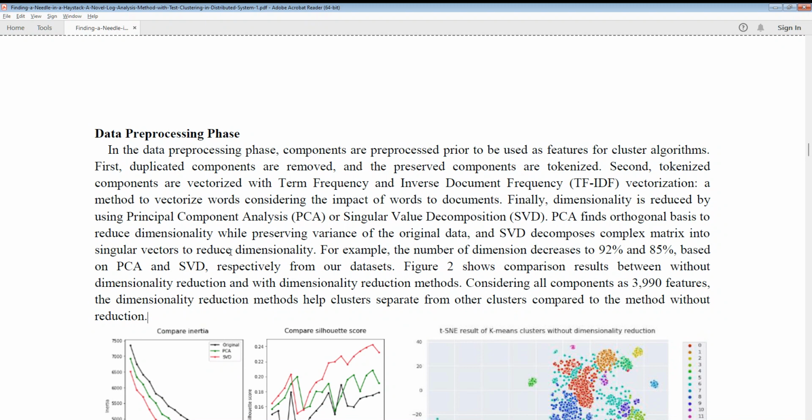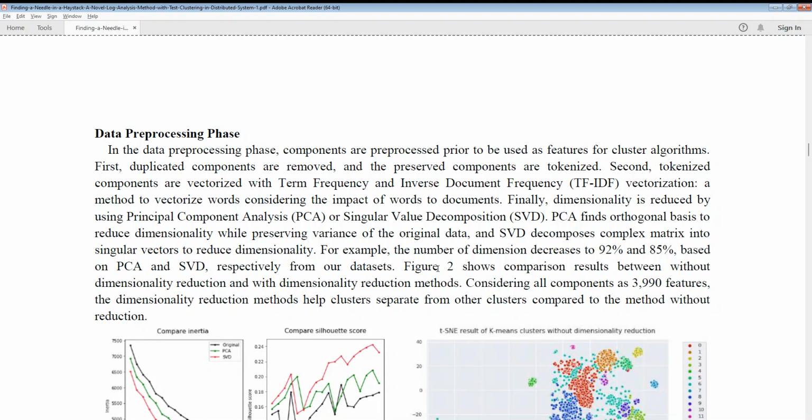For example, the number of dimensions decreases to 92% and 85% based on PCA and SVD, respectively, from our data set.